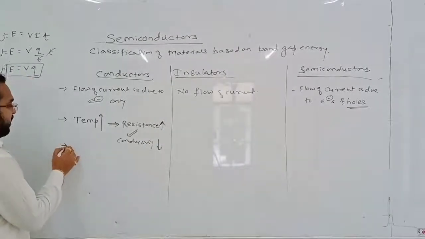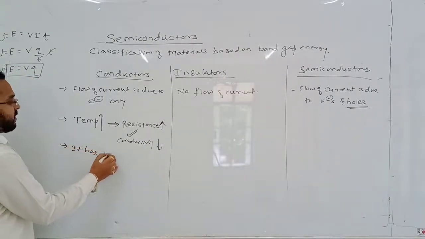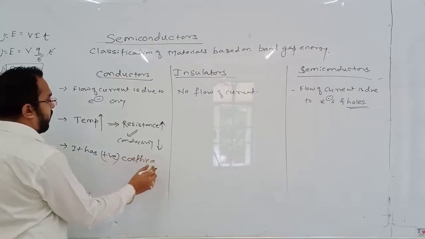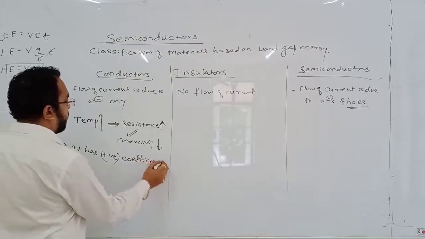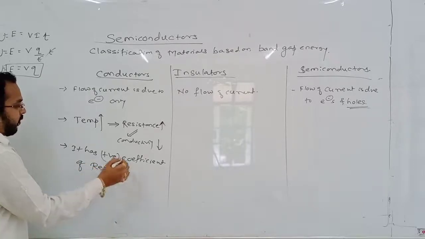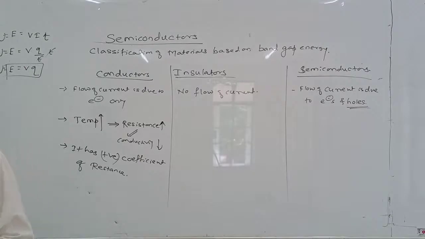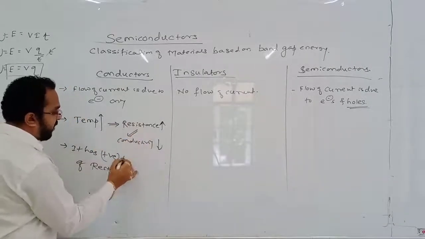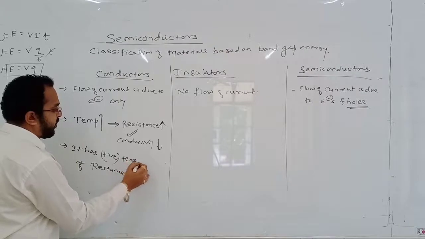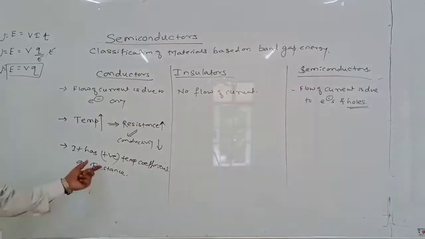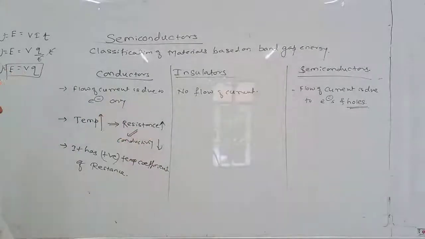So I can write here it has positive temperature coefficient of resistance. Its resistance varies with temperature. It has positive temperature coefficient of resistance. What does positive mean? After temperature increases, resistance will also increase.